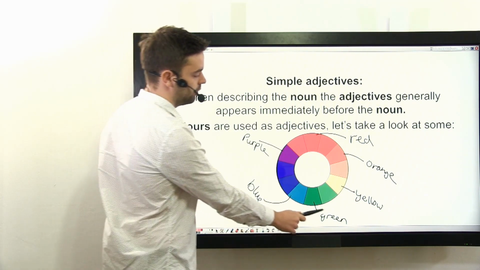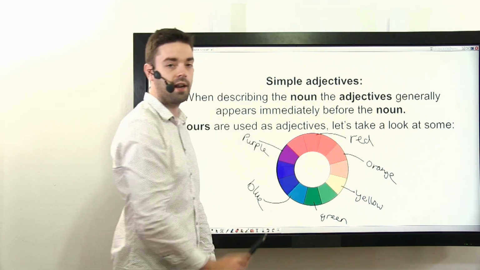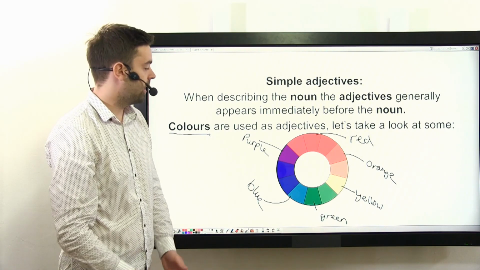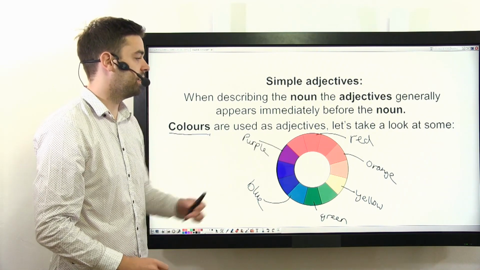Purple, blue, green, yellow, orange, and red. So these are colours. And again, we can use them as adjectives.